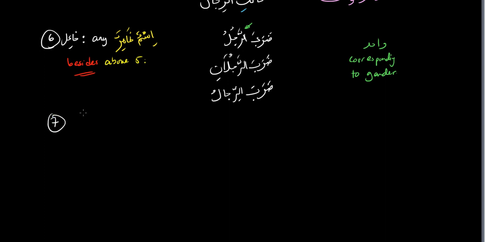Number 7. Okay, number 7 is damir mudhakkar. Okie dokie. Damir mudhakkar. So damirun mudhakkarun. Getting tired already, I think. Damir mudhakkar. Okay, let's give some examples. Damir mudhakkar. Al-khadimu dhahaba.